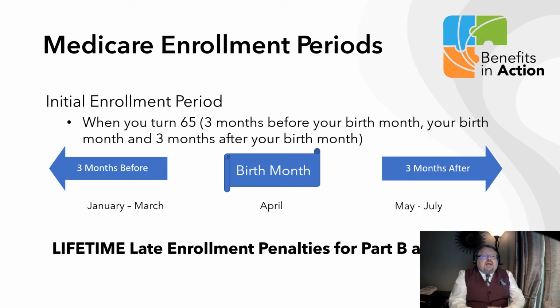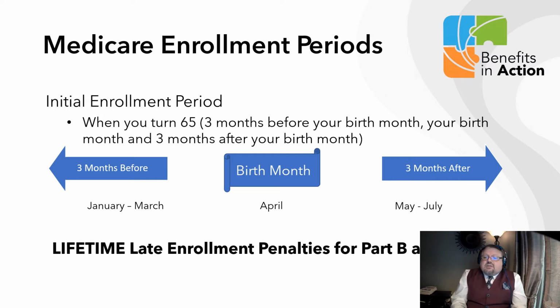Let's talk about how and when we sign up for Medicare. Your initial enrollment period is the 7 months surrounding your month of birth. So you have 3 months before and 3 months after, and the month of your birth inclusive, to sign up for Medicare benefits when you turn 65.